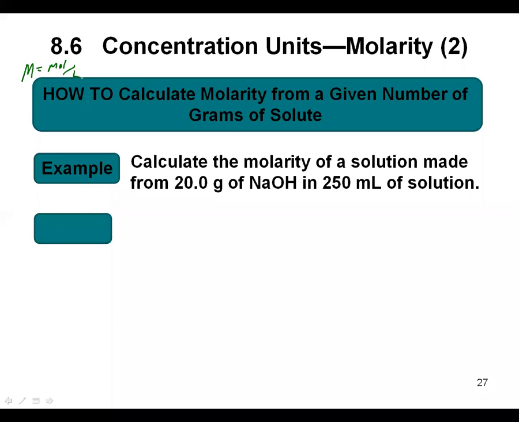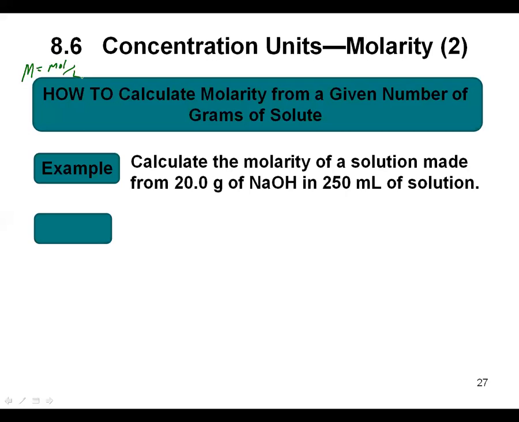We also talked about some percentage concentrations: percent mass, percent volume to volume, percent mass to volume as well. But out of all those, molarity is the one that you come to see the most often. You think of molarity almost as a formula. You can solve for any of those three things.